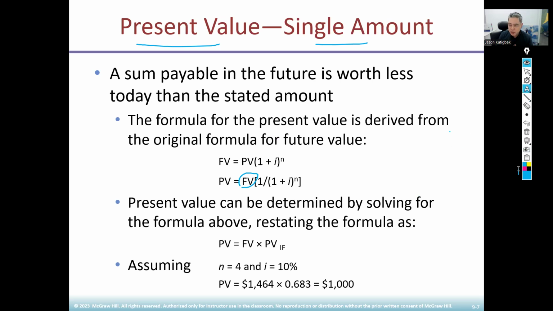And instead of me just saying that, let me make sure I can type it right. So present value is basically future value multiplied by 1 over 1 plus i to the n power. I'll just use a caret for n so you can see it, right?